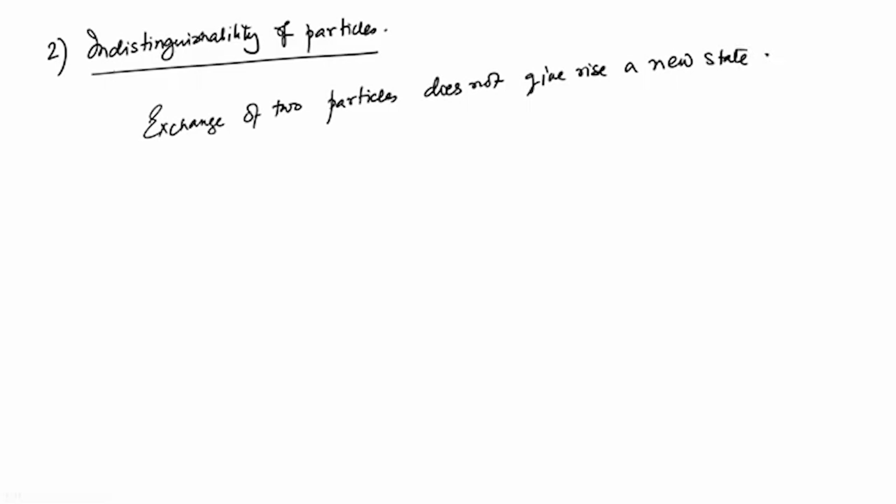In classical mechanics, or classical statistics, it was taken that it would have given rise to a new state and so on. Okay. So, even within that, this is called the exchange statistics. One needs to define an exchange statistics, and this gives rise to two kinds of particles.